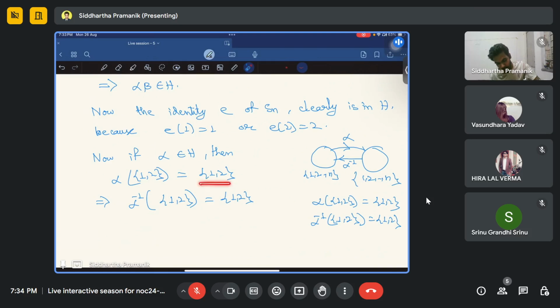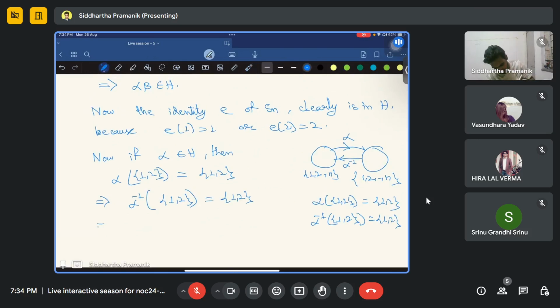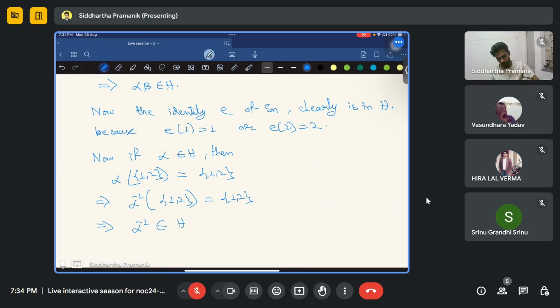Inverse image of this set {1, 2} under alpha. Okay, so I hope this is clear. So this means alpha inverse is also in H. So hence H is a subgroup.